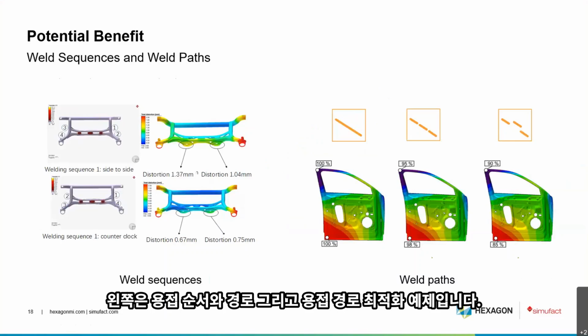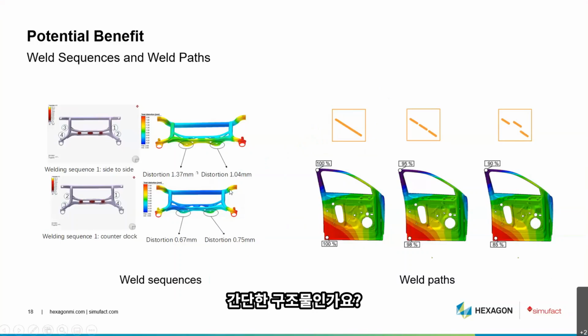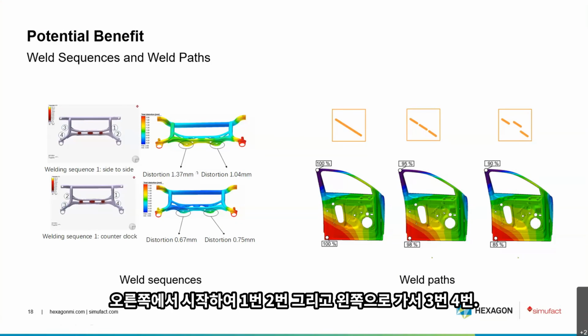For example, weld sequences and weld paths. You see here on the left side an example for optimizing a weld sequence. This is quite a simple structure with 4 spot welds. One possibility is to first start here on the right side, 1, 2, and then go to the left side, 3, 4.